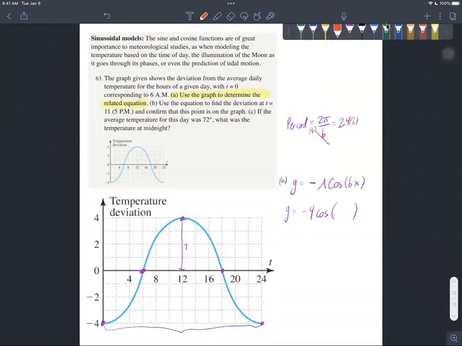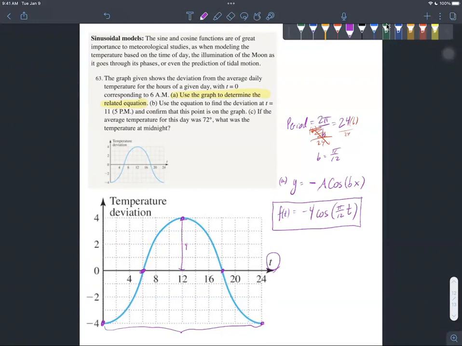If we divide by 24 at the same time, the B's cancel, and so we get that B is equal to 2 pi over 24, or pi over 12. So pi over 12 x. And actually, since this axis here is labeled as a t, we'll put a t there. And so instead of calling it y, let me call it f of t, just to give a little more explicitly there that it's a function of time t. So there's part A.